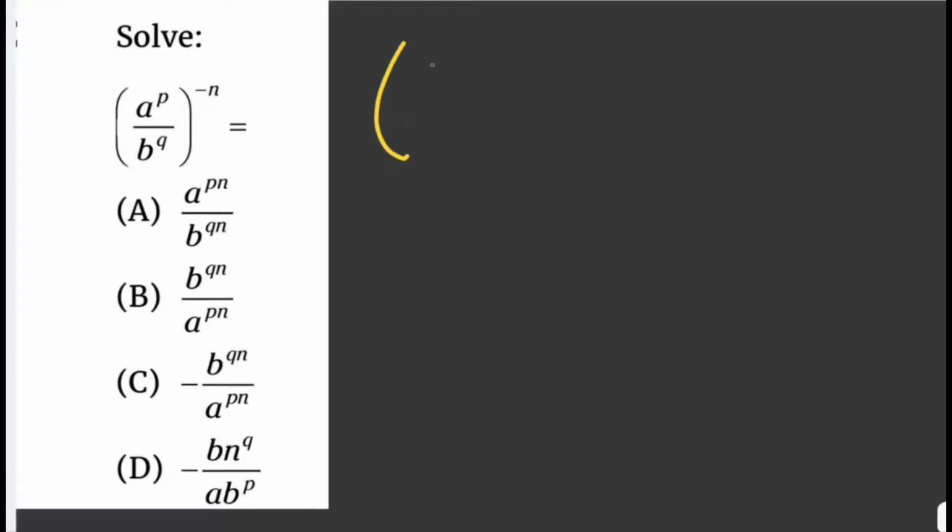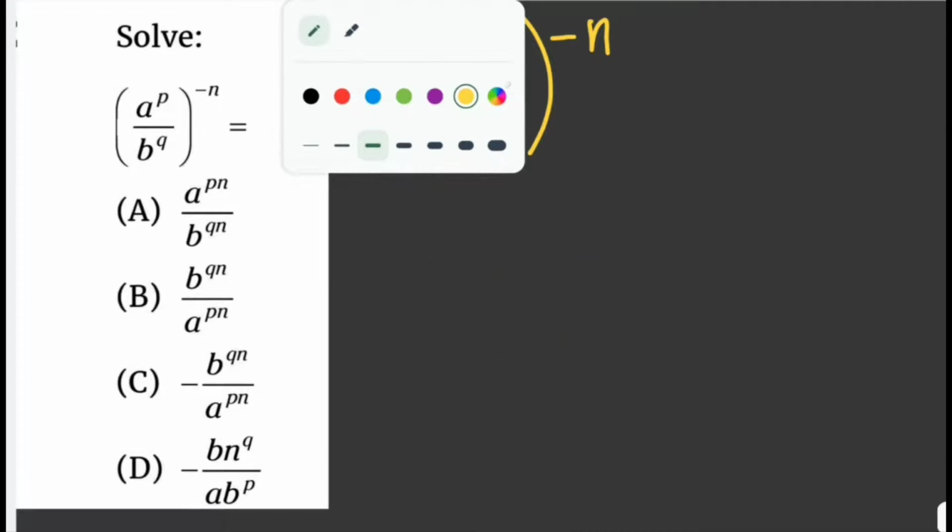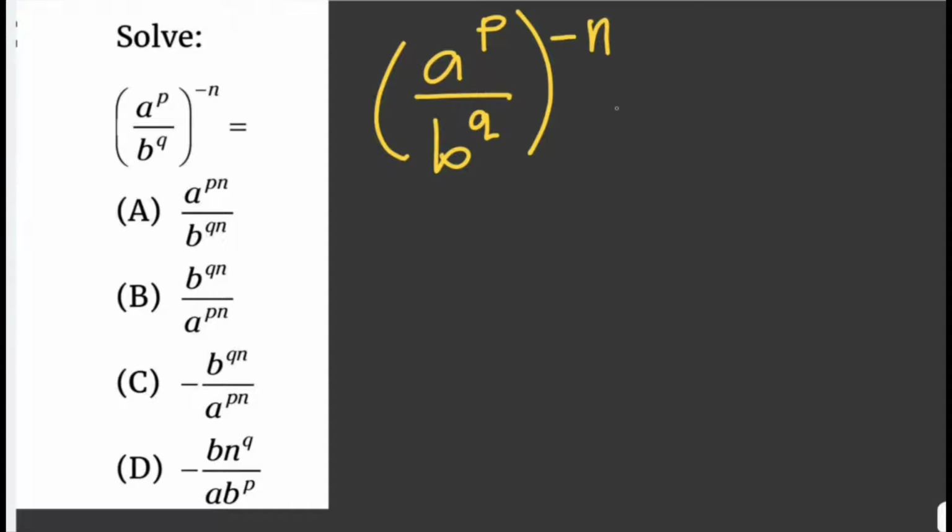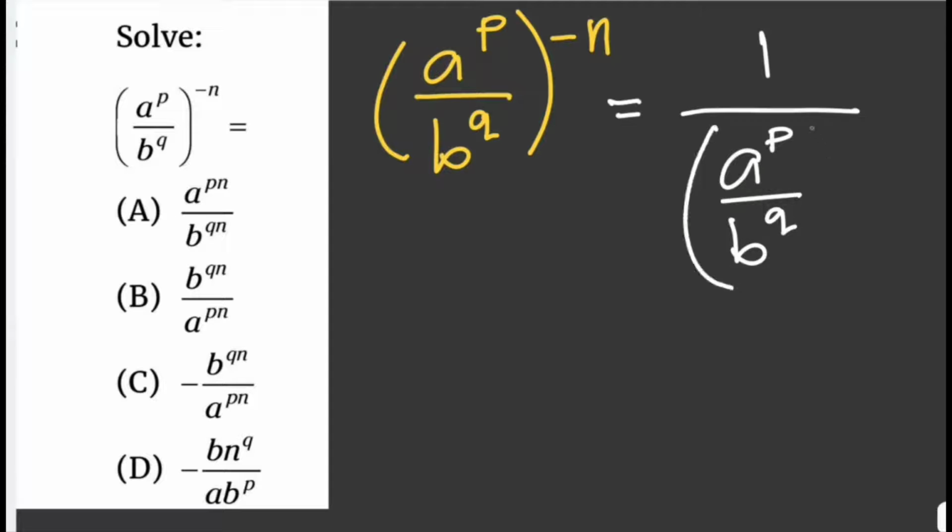So we have (a to the p over b to the q) to the power of negative n. So we can write this as 1 over (a to the p over b to the q) to the n.